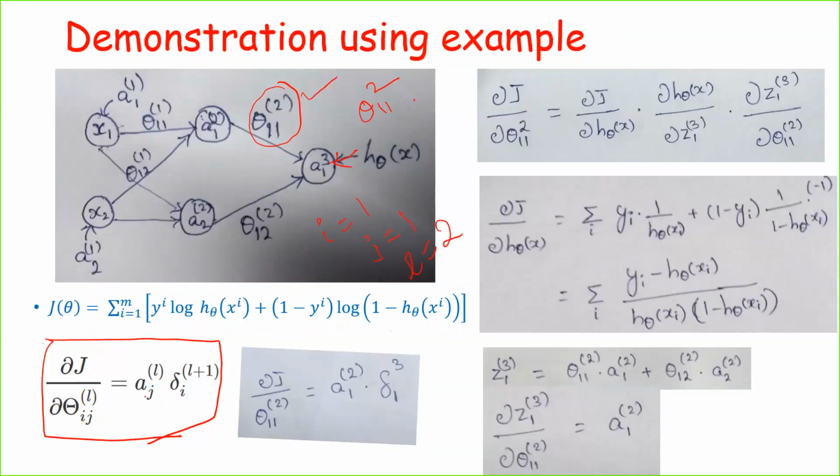Substitute in this: j value is 1, so a1, and l value is 2, so a1,2. This is the first thing. What is the second one? I value is also 1, and l plus 1 is 3, so delta 1,3. This is what we get through the formula.